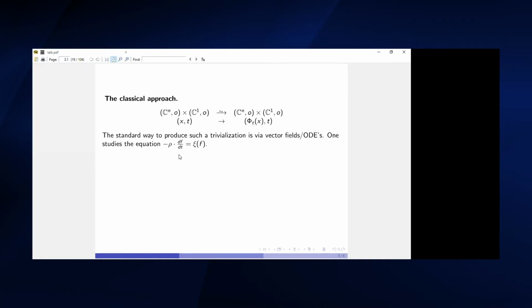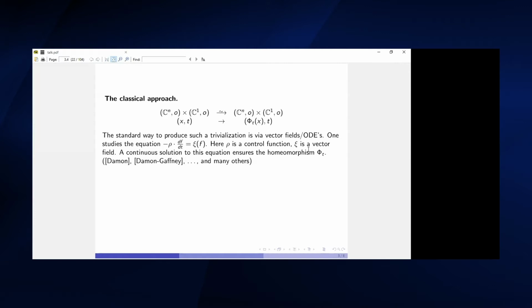Here we have the derivative of f with respect to the time. Rho is called the control function, and this xi is a vector field. And if we manage to find the continuous solution to this equation, then we manage to find a homeomorphism that will do the job.